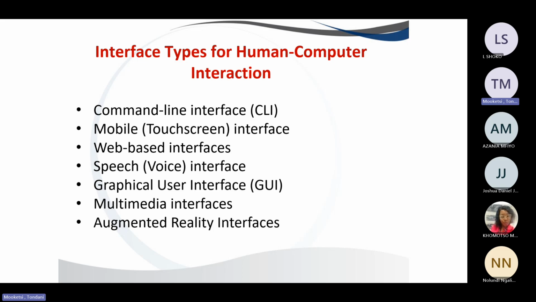Command line refers to an interface where you have to type in an instruction. This is mostly used in programming languages where you have to give the program an instruction, but you have to write it in code. So that is what command line interface is.